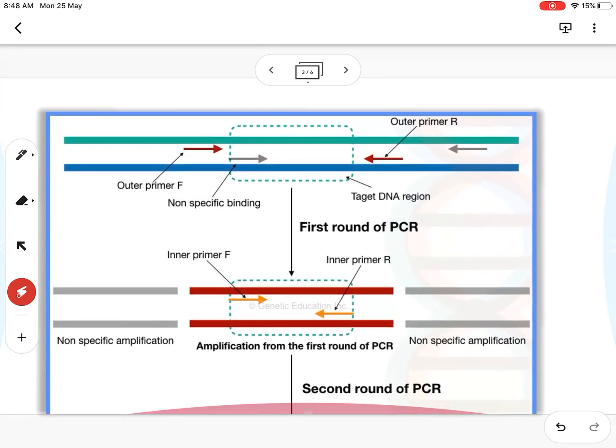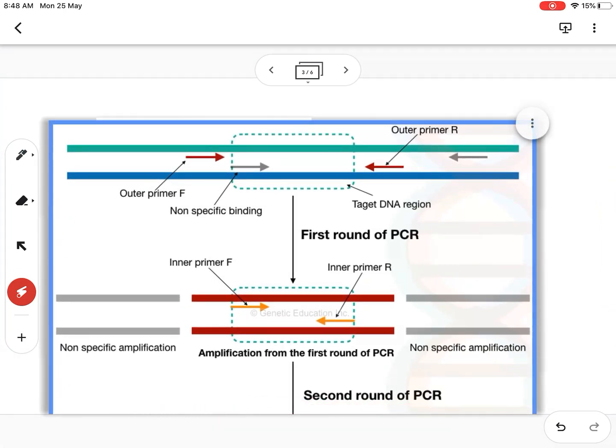So in this particular figure you can see the red color primers, these are the outer primers, and the position where they are bound is the specific site where they should bind, but sometimes they bind non-specifically. So this gray color portion here shows non-specific binding of the outer primer to the DNA.